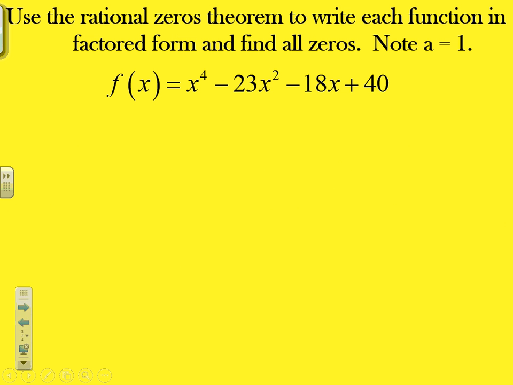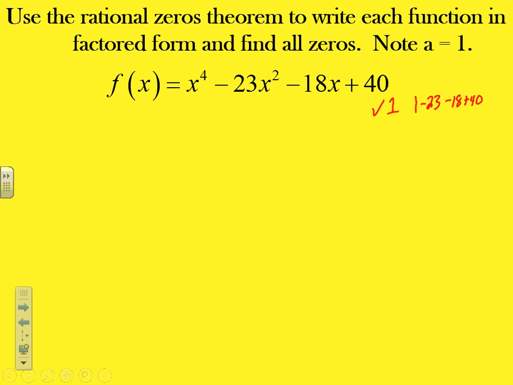So here we have our first example. Again, the first thing I want to do, off to the side here, is check to see if the number 1 is going to work. If we take the coefficients and the constant of this fourth degree polynomial, we have a 1, a negative 23, a negative 18, and a positive 40.